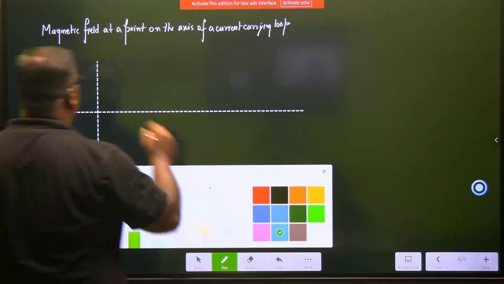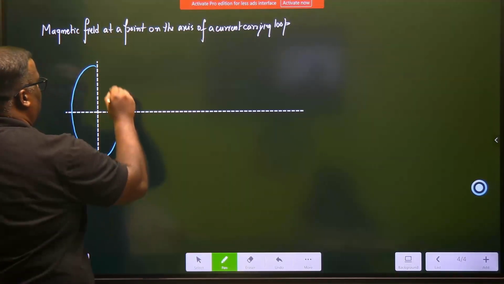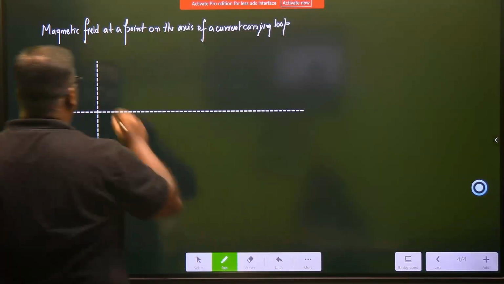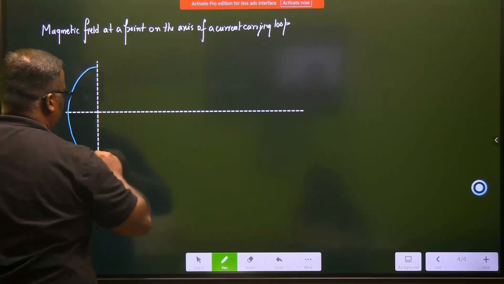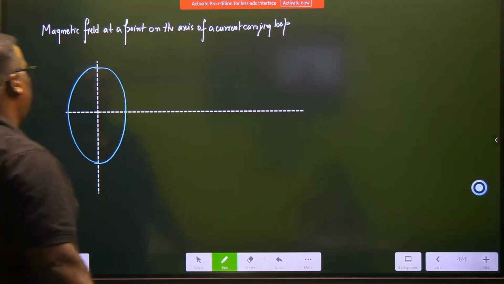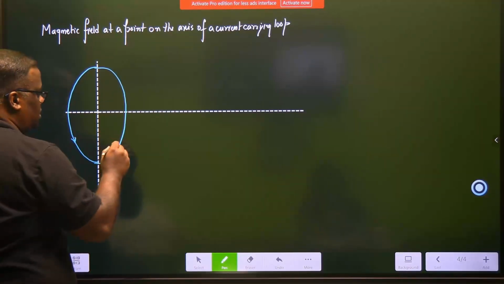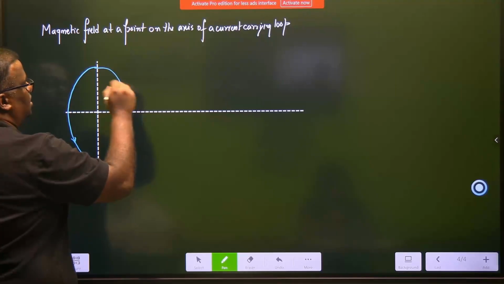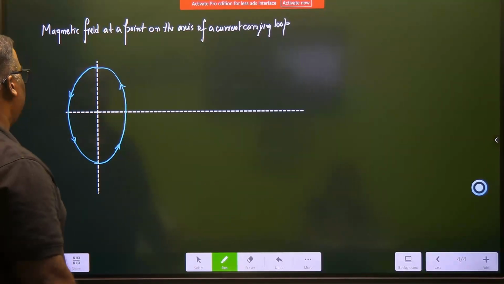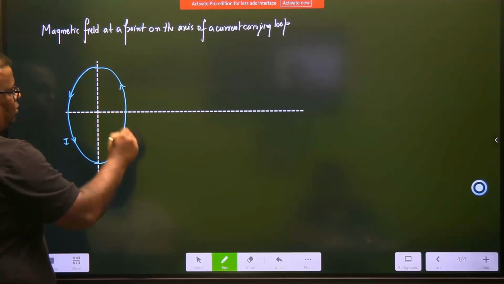We have a current carrying loop, in which the current is moving in this direction, anti-clockwise. This is I, the current which is moving.